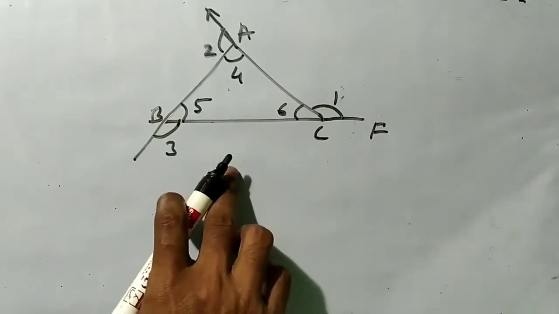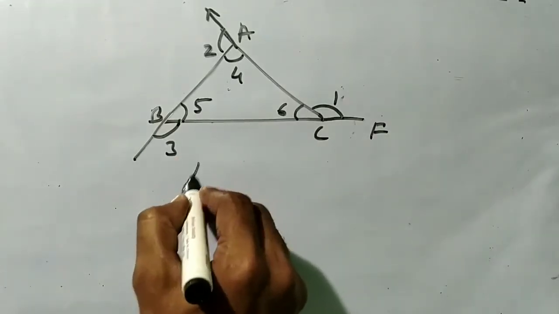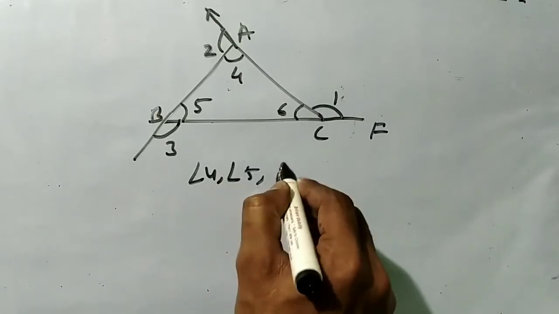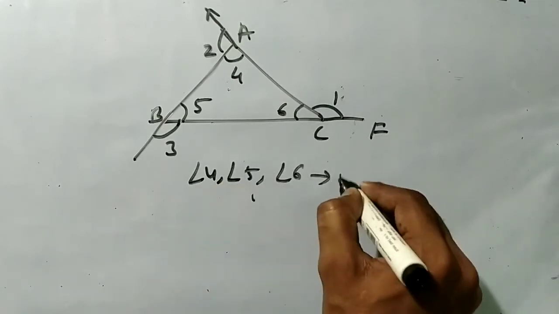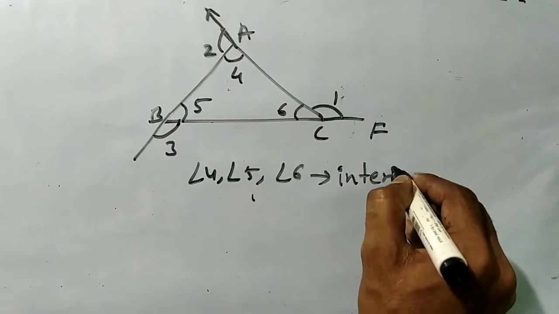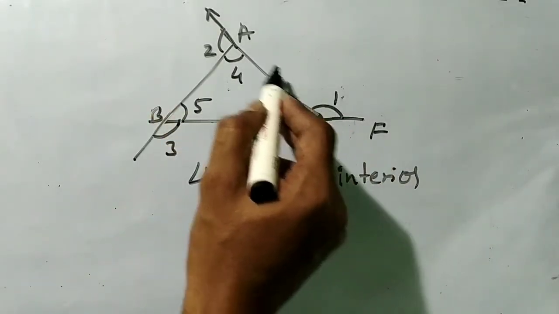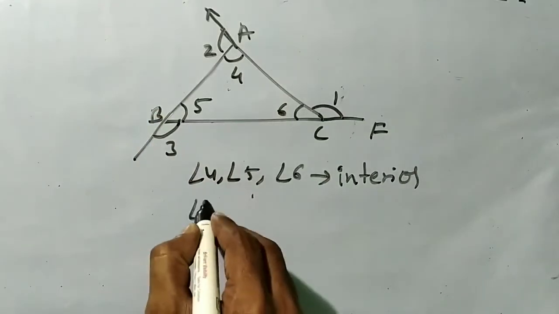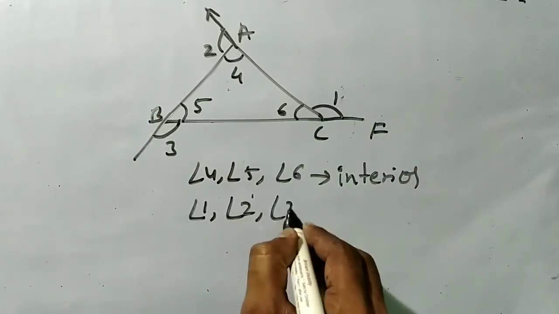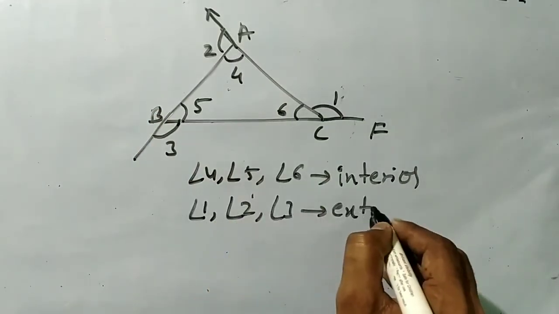So this is a triangle. Here angle 4, angle 5, angle 6 are the interior angles, and angle 1, angle 2, angle 3 are the exterior angles.